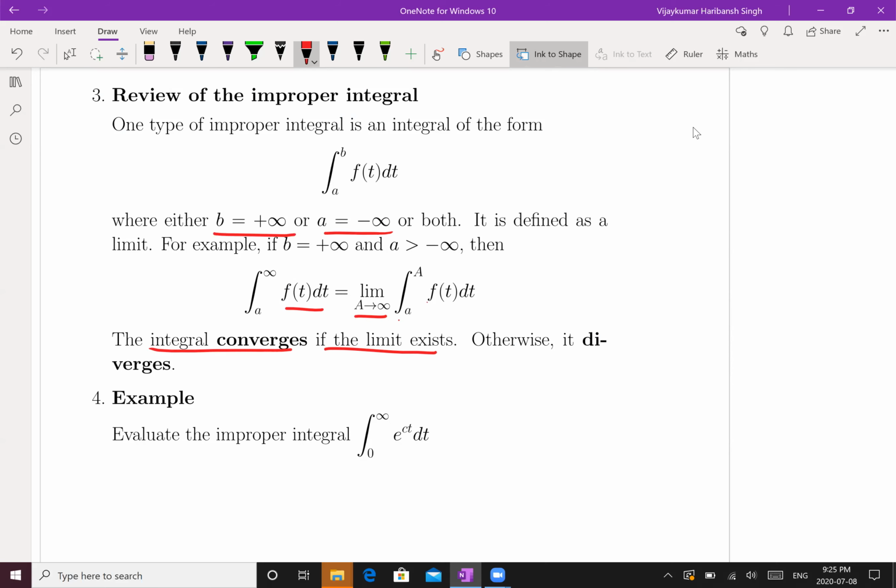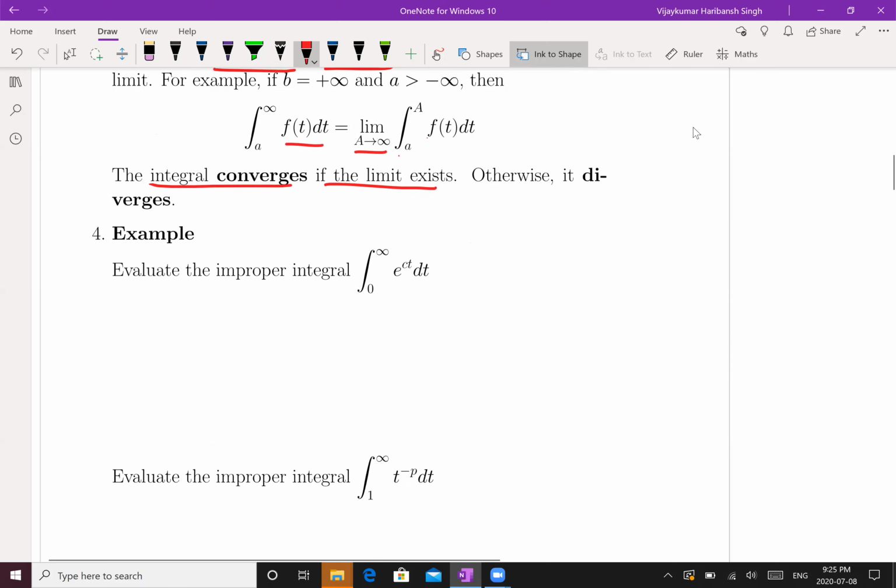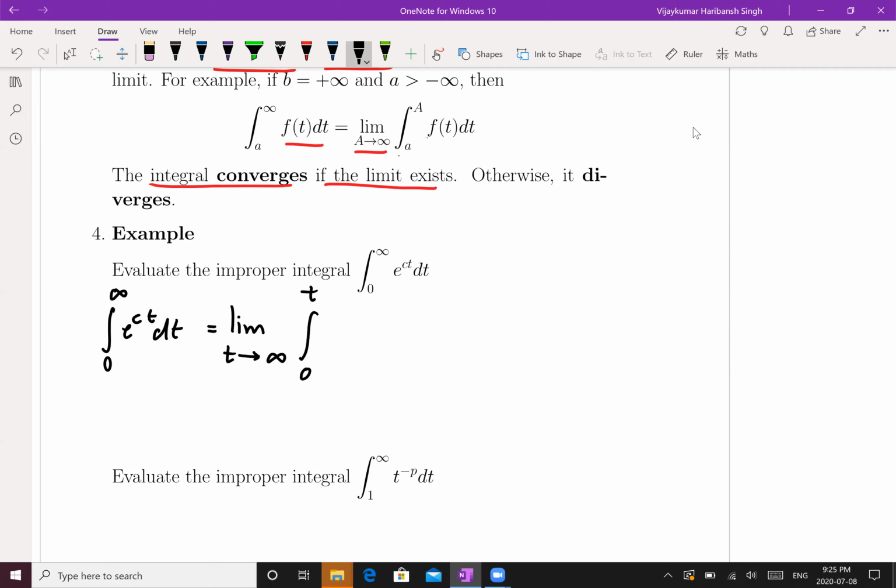So let's look at an example first. Evaluate the improper integral from 0 to infinity of e to the power ct dt. Again, the only way you can approach this is using limits. So this is going to be the limit as t goes to infinity of the integral from 0 to t of e to the power ct dt. Since we're using a, let's use a as the symbol there.